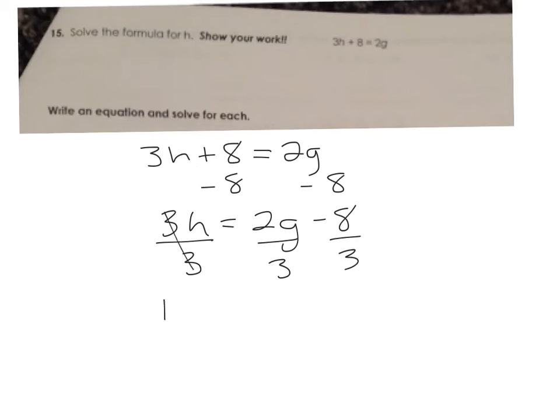And I would get h equals 2/3 g minus 8/3. So that's 15. Now we'll move to the second part of the unit semester 1 final.